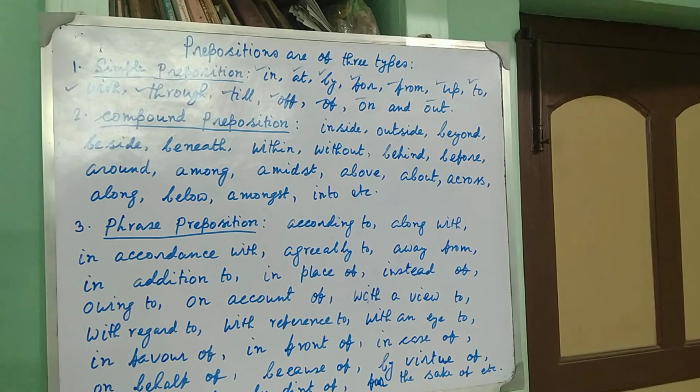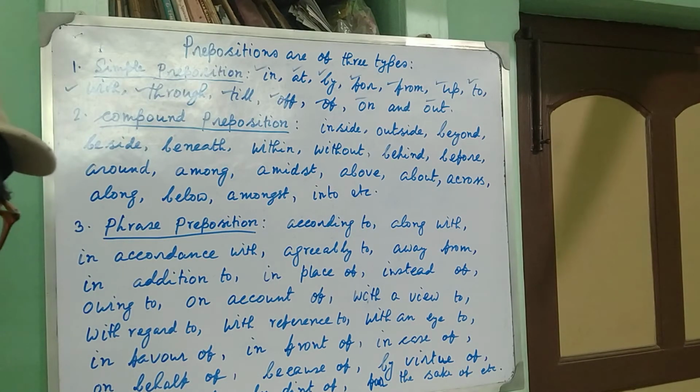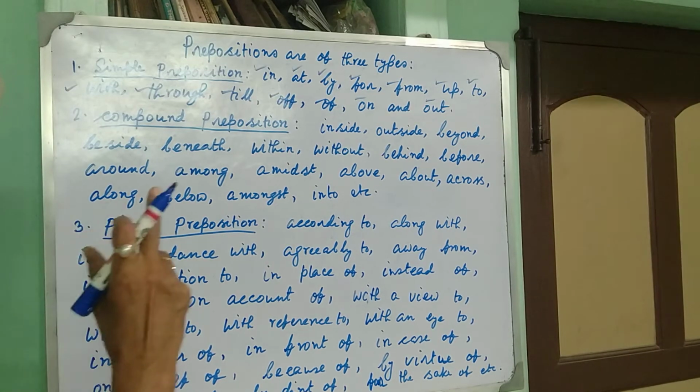That means two prepositions used at the same time. অর্থাৎ যৌগ তৈরি করা যায়। For example, in is a preposition, to is also a preposition, but we sometimes use into. This is called compound preposition, and I have prepared a list of compound prepositions.